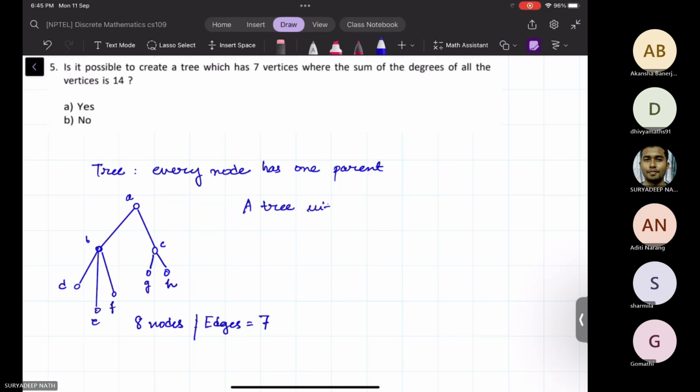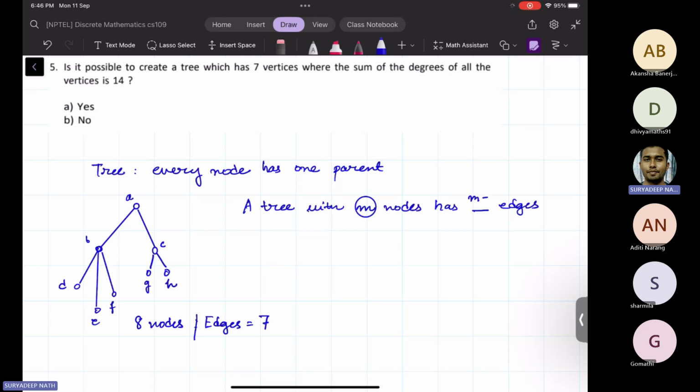So a tree with m nodes has how many edges in general? For a general tree with m number of nodes, how many edges does the tree have? M minus 1, right?